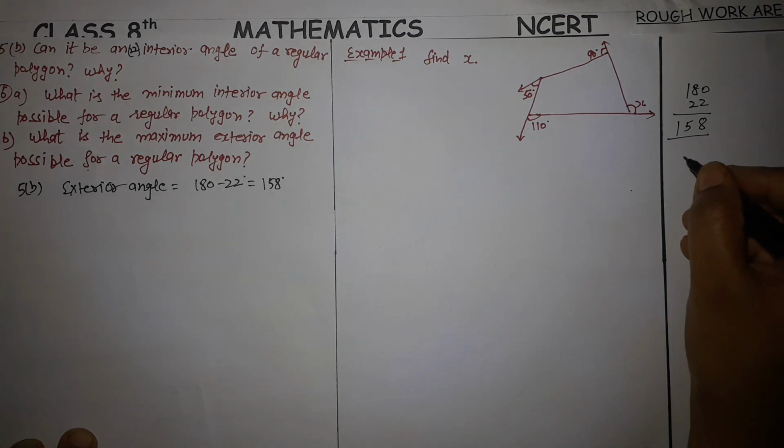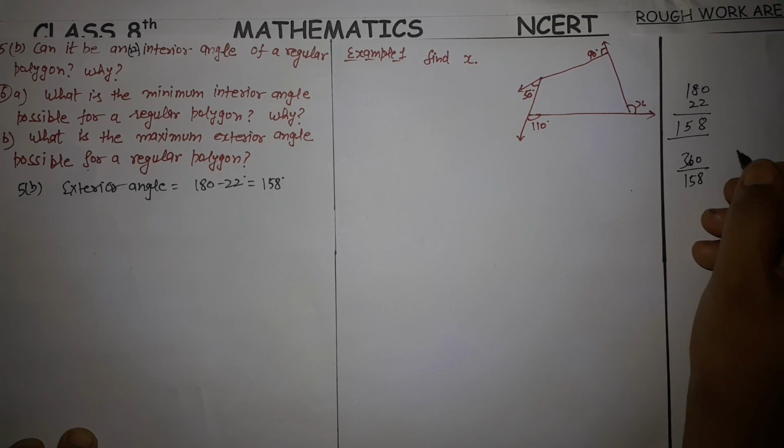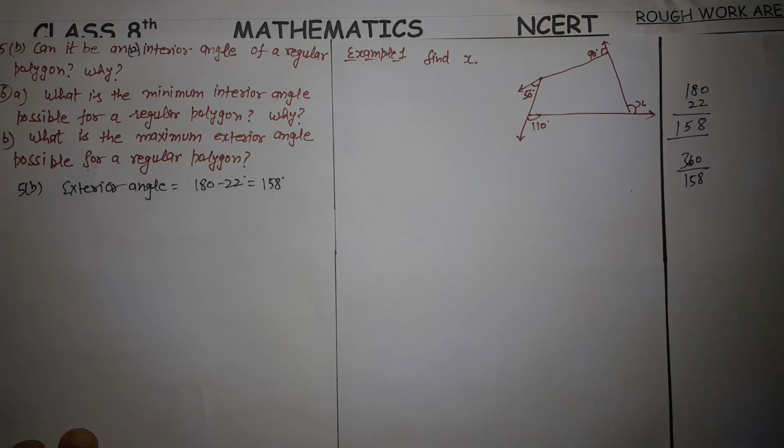Now we divide 360 by 158. If it is completely divisible, then it is possible, otherwise not possible. See, 180 is not completely divisible by 79.